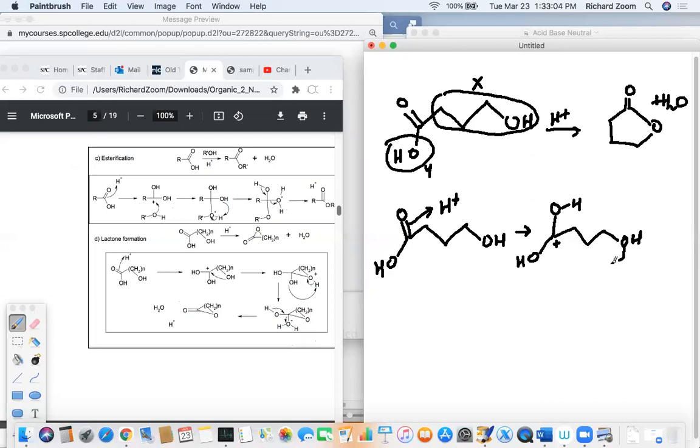Then the nucleophile, which happens to be the OH that is on the end of the chain here, is going to be doing the attacking. And that's the cyclization step.